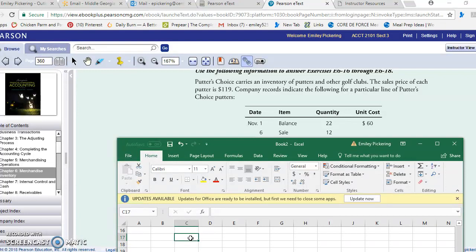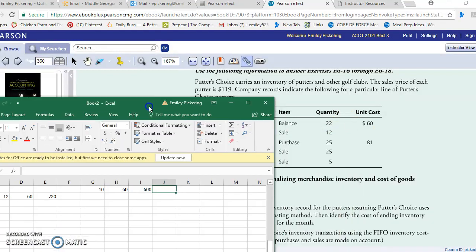So if we sell 12 and it was $60, our cost of goods sold is $720. Now, what we have left in our inventory, we started out with 22, we have 10, and they are at $60, so we have 600 left sitting in our inventory.